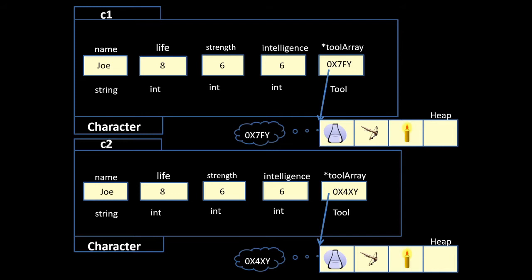Okay, notice they're both Joe 8, 6, 6, but their addresses are pointing to a different spot in memory, as denoted by the memory addresses. Okay, so if we assume the overloaded assignment operator has been written, we end up in this other situation. Okay, we're going to take this one step further.